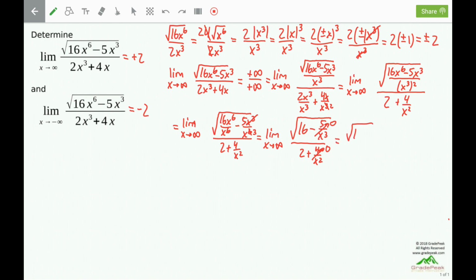Resulting in the square root of 16 minus 0 over 2 plus 0. 16 minus 0 is 16, 2 plus 0 is 2. The square root of 16 is a 4 over 2, and 4 divided by 2 will be 2.